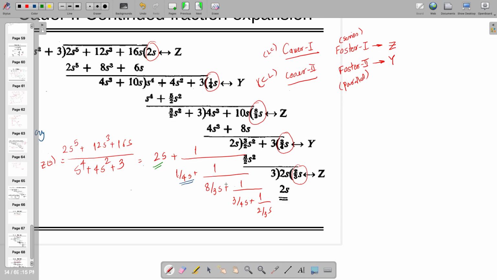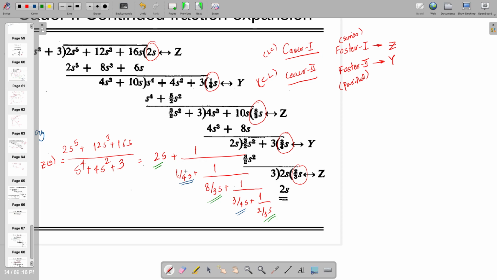If you are looking at the next entry, so this was impedance, this is admittance, and this is impedance. So in impedance, you are going to see this one as capacitor or inductor? Inductor. This is impedance, so this is admittance, so is 3 by 4s an inductor or capacitor? Capacitor. You can easily guess that it's an LC circuit, so L and C should alternate, right?